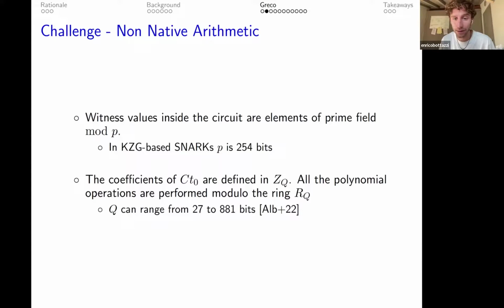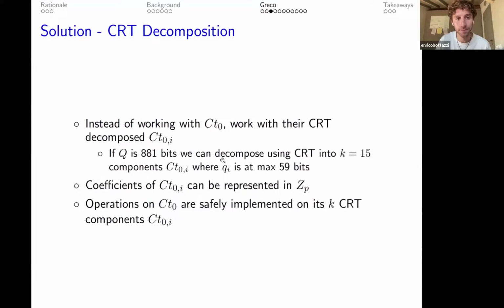While in the ring polynomial, we can range from a modulus that can be up to 881 bits according to the standard. And this is already a big challenge because, okay, how can we even represent this without overflowing our prime P? And the solution, as you might expect, is leveraging this CRT decomposition.